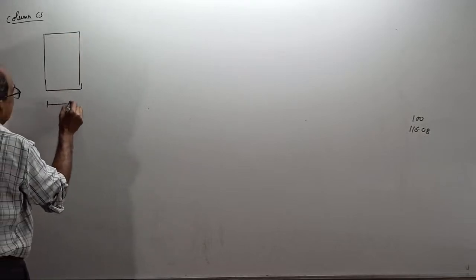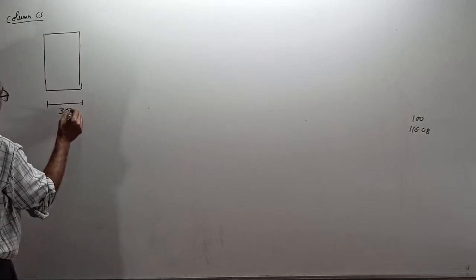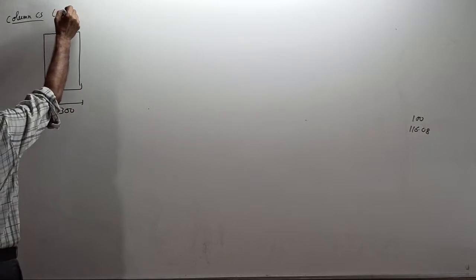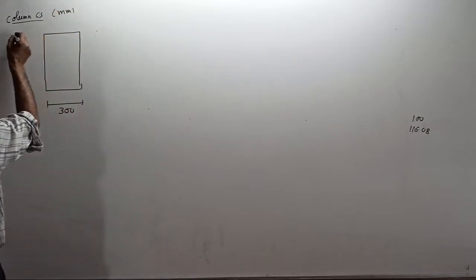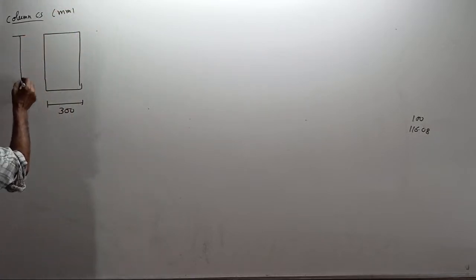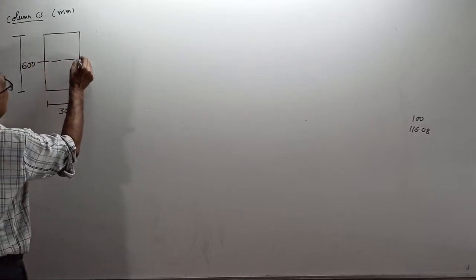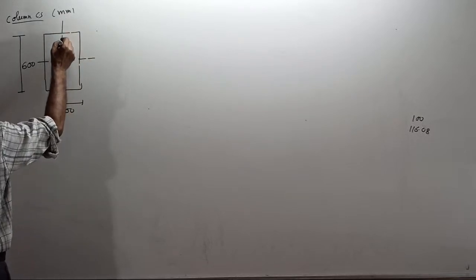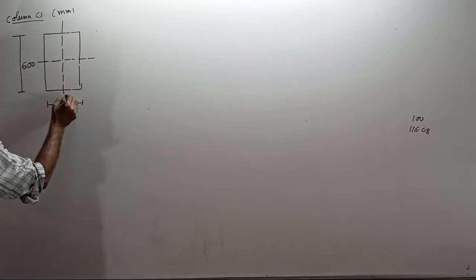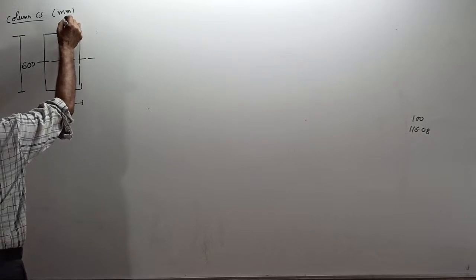One side is 300, all in millimeter, why waste time. The other side is 600. Don't write S1, S2 now. One axis here is 1-1, the other axis here is 2-2. This is what we want finally.